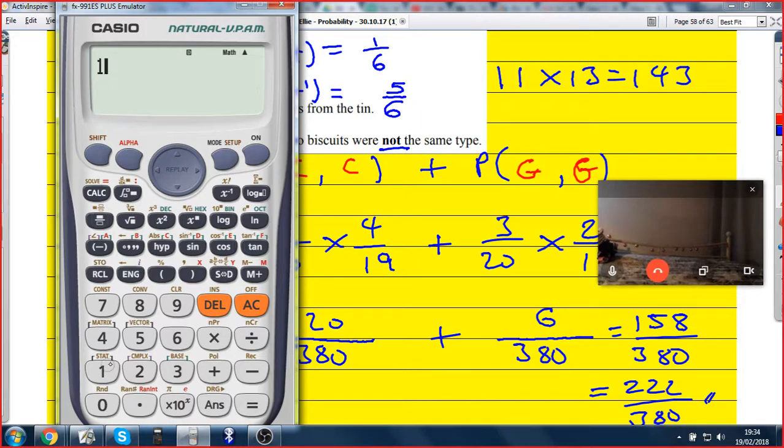And if you do 1 minus 158 over 380, you get... did I do something wrong? Oh, they simplified the fraction. The calculator automatically simplified it by halving the top and bottom. So if you need to find the probability of something happening, you can always just do 1 minus the probability of it not happening. Or like you did, just do 380 minus the 158 and put your answer over the denominator.